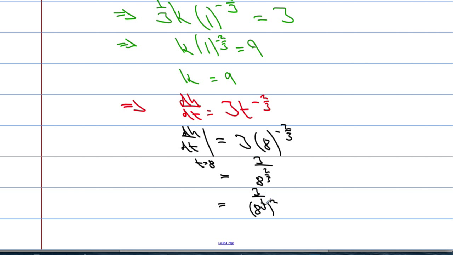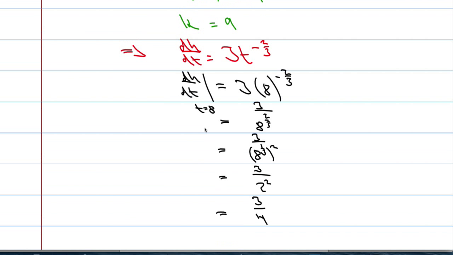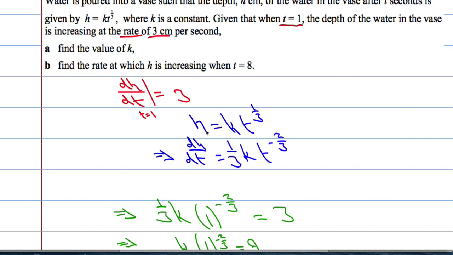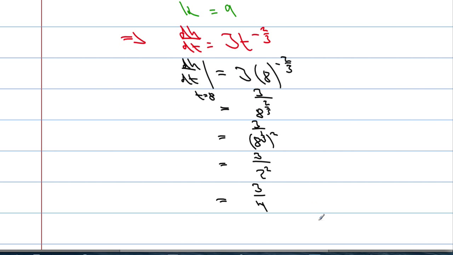So I'm using my laws of indices here. 2 over 3 can be split into 1/3 times 2. 8 to the power of a third is 2, and so we get 3 over 2 squared, which is 3 over 4. So the answer is 3 over 4 centimeters per second.